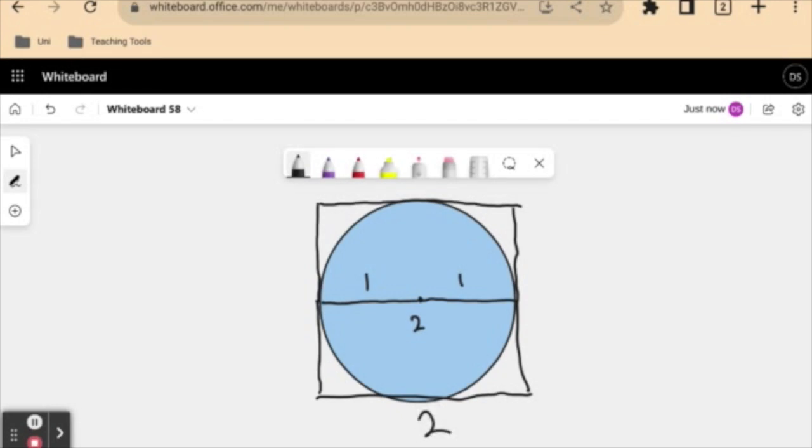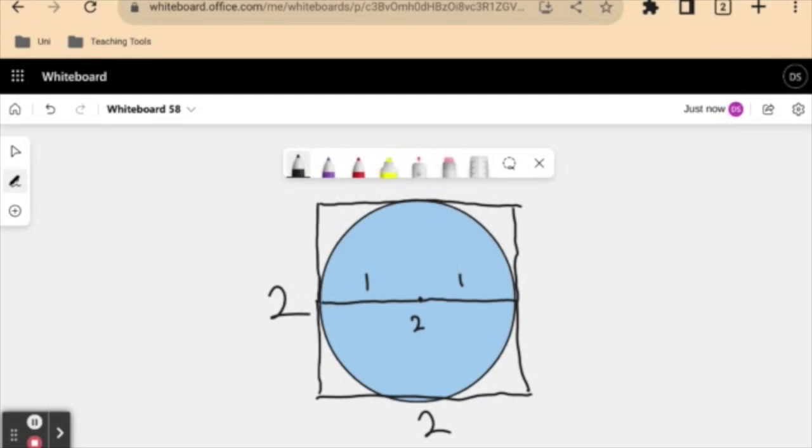Now, the radius of a circle just spans from its center out to any of the borders. So we can also say that this distance here is 1 unit as well, because that's a radius, as well as this distance. So from this top edge to this bottom edge, we also get 2 units.